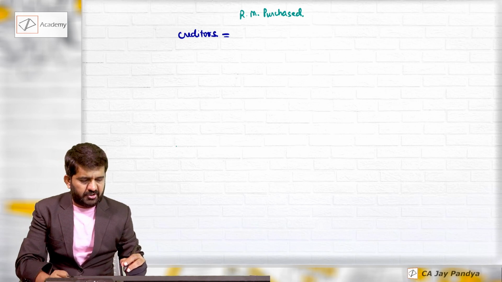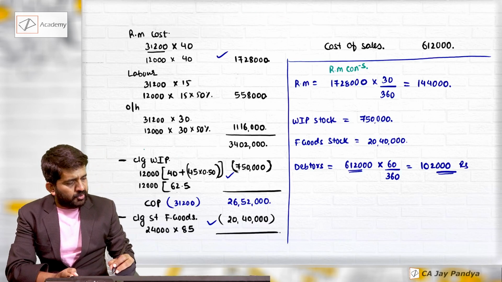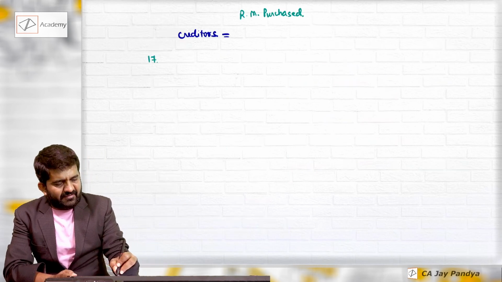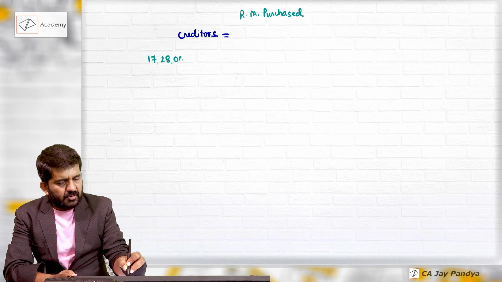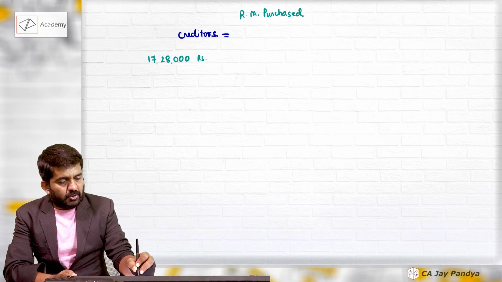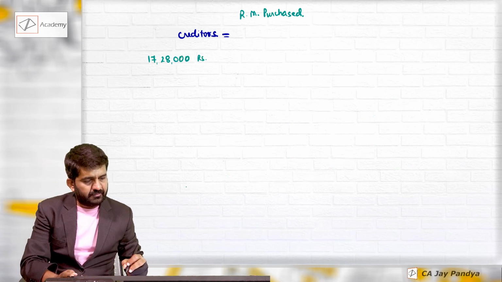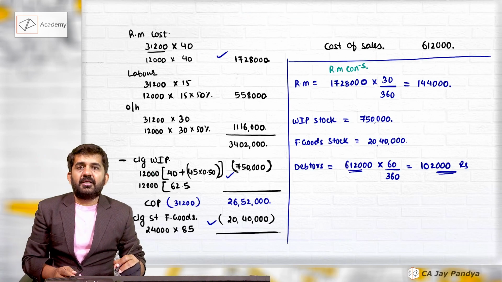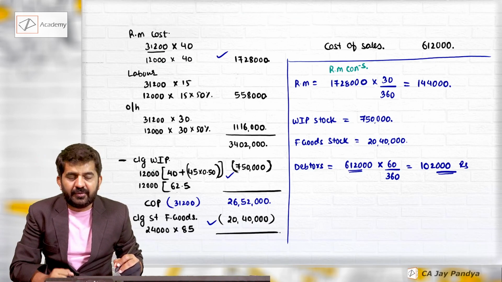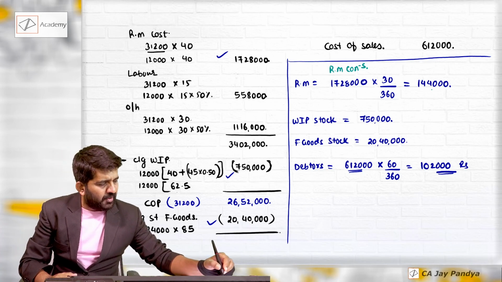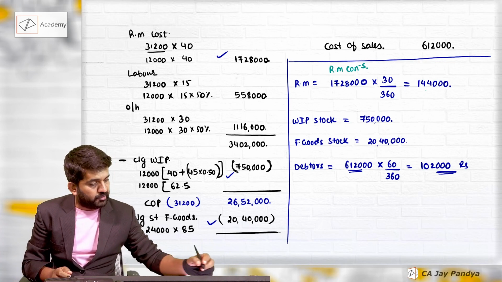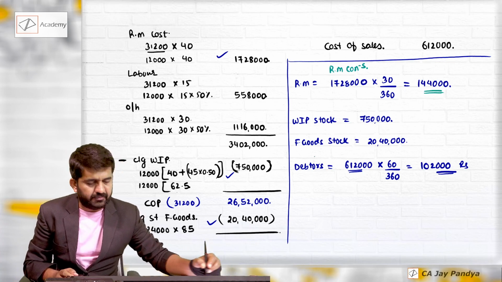Try to concentrate. You have consumed 17,28,000 rupees of raw material, but you are having a raw material closing stock of 1,44,000.